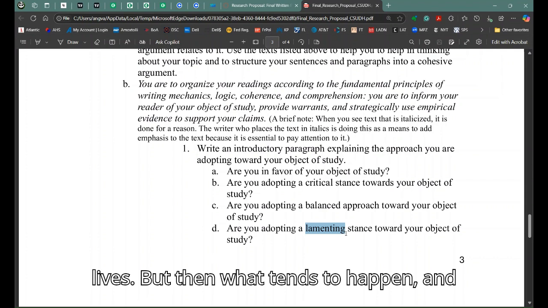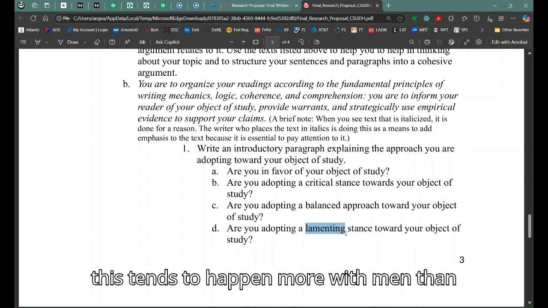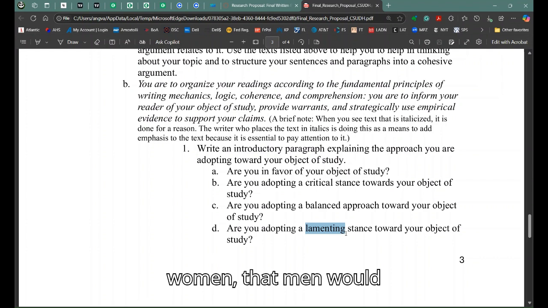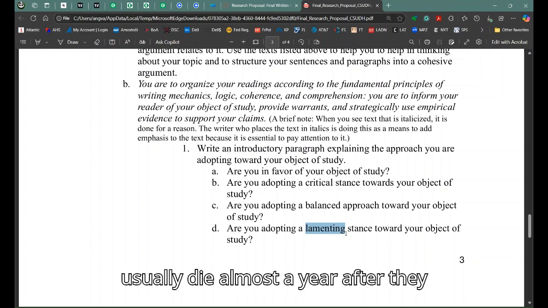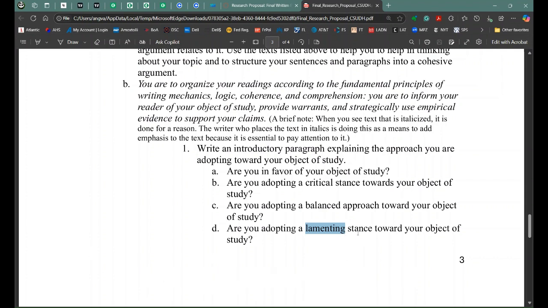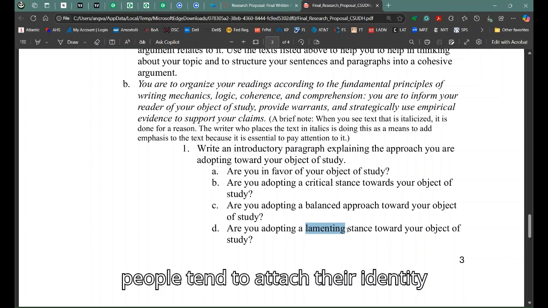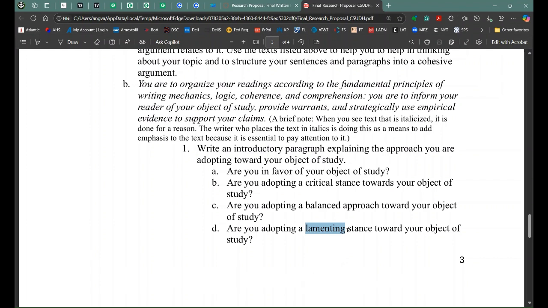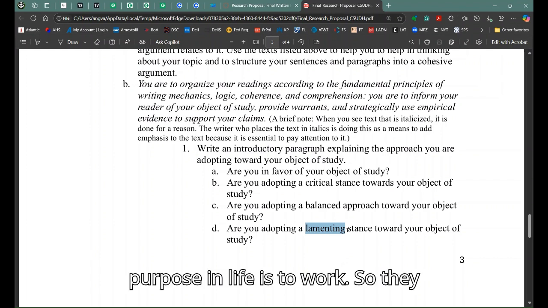But then what tends to happen, and this tends to happen more with men than women, is that men would usually die almost a year after they retired. And the reason why that happens is because people tend to attach their identity or their sense of purpose in life to work.